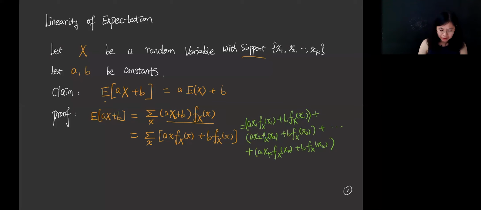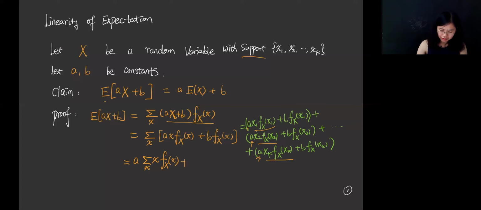Realizing that this is a summation of these terms, we can group the terms. We can group the terms that contain little x times the PMF together, and factor out the constant a, which is the same across all of this. So that gives us a times the sum over little x of x times the PMF of little x.